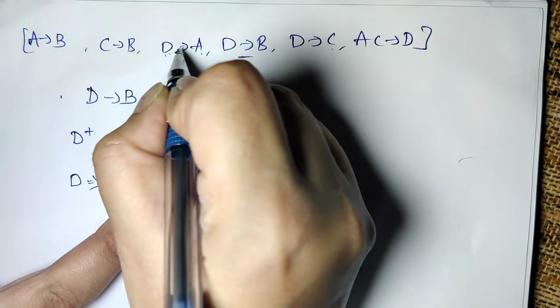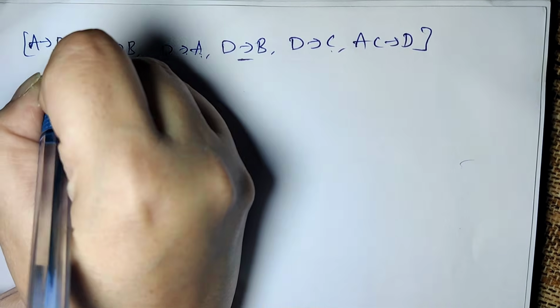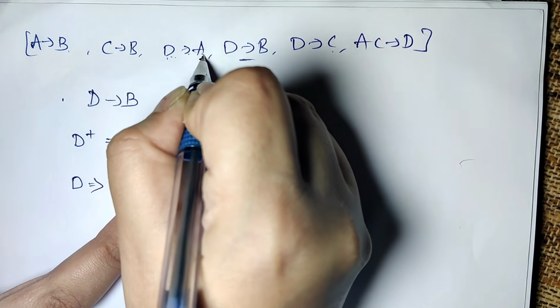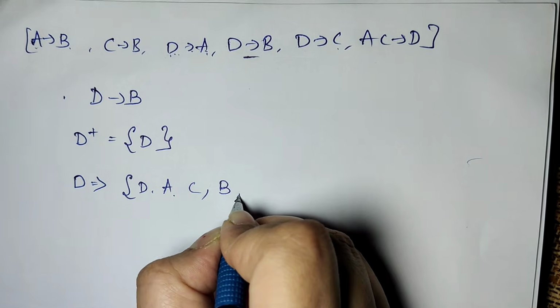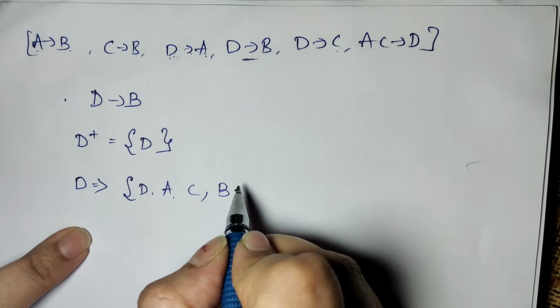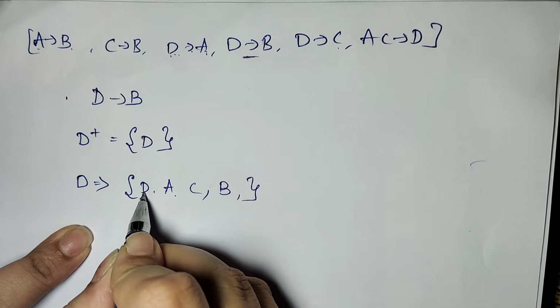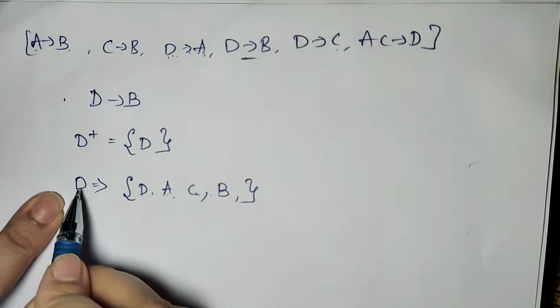So D tends to A tends to B: from D it determines A, from A we can determine B, transitive rule. So yes, we can get all these attributes from D itself.